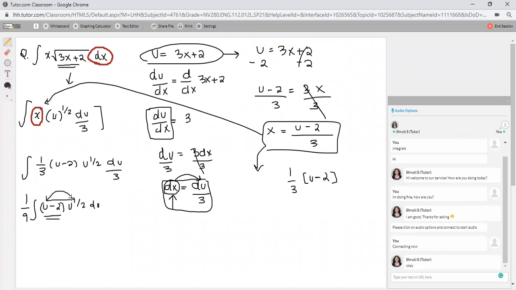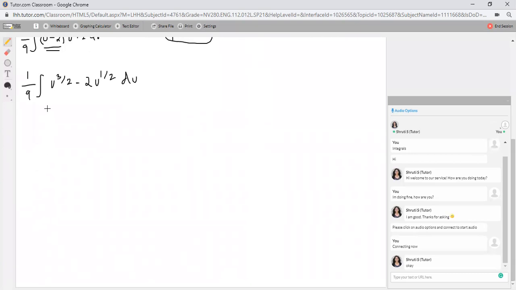You can multiply the rest: this u minus 2 times u to the power half. So 1 over 2 plus 1, so 1 over 2 plus 2 over 2 would be 3 over 2. Yes, very good. So minus 2u to the power 1 over 2. Yes, great. So would you try integrating now?